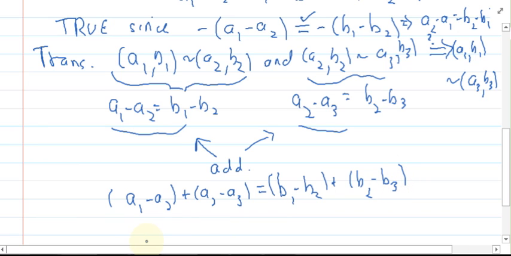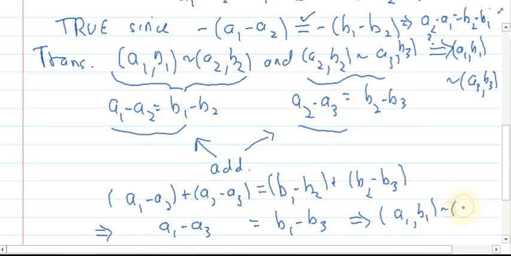So what does that give me? If I do the algebra there, that means that A1 minus A3 is equal to B1 minus B3. Now what does that mean? That's exactly the statement that (A1, B1) is equivalent to (A3, B3).